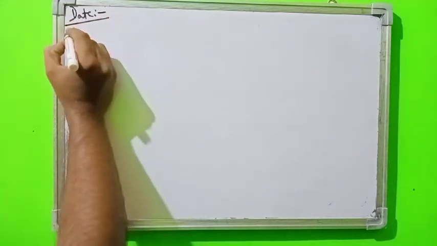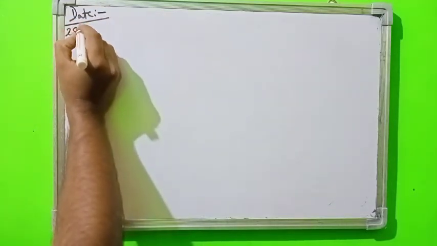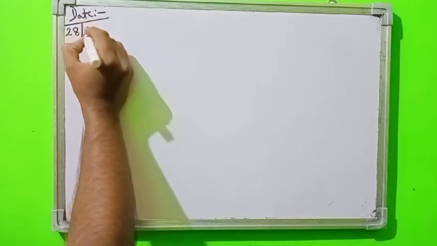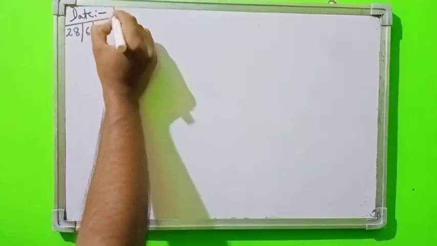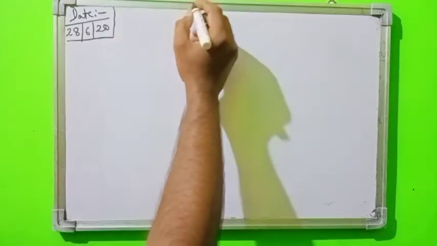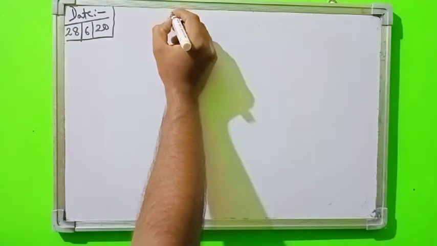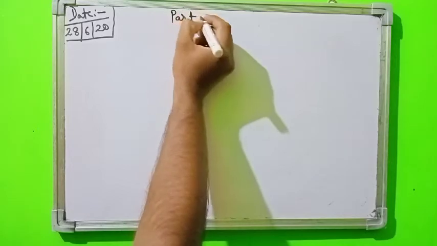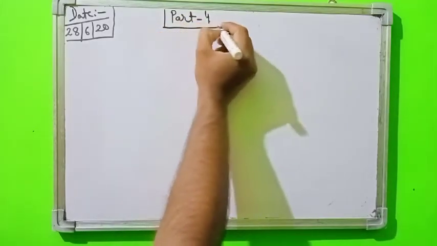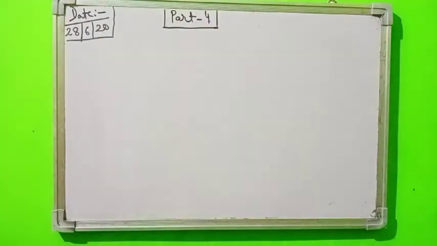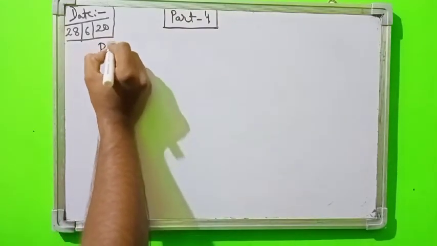Today is part 4 of chapter 3, that is motion in a straight line. And in today's video we will discuss path length or distance.